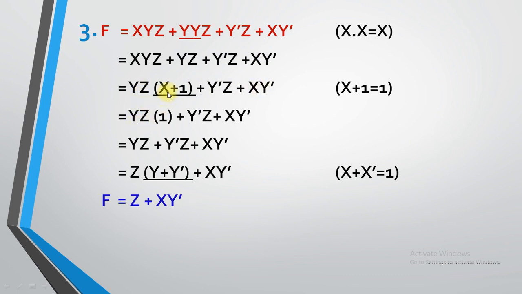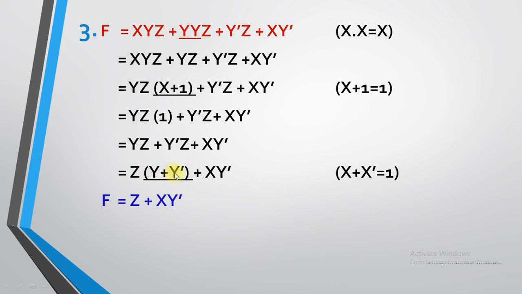Now after taking the common factor, x plus 1 can be written as 1. So I have written 1 over here. Now see the remaining terms. Z is a common factor out of this particular term. When you take out z as a common factor, y plus y dash is inside the bracket.